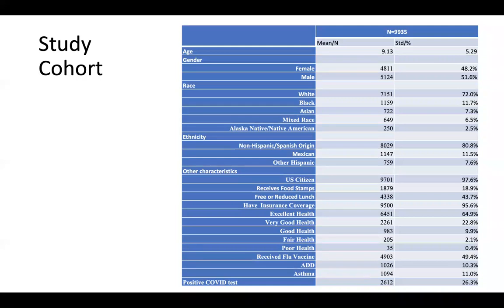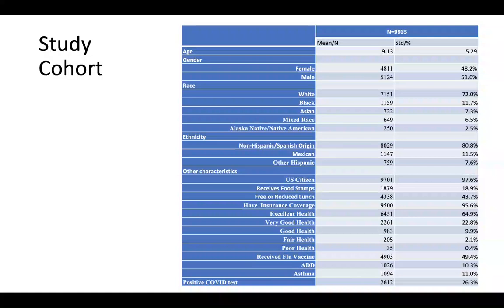So let's focus on the specifics of our study cohort. So in summary, our cohort comprised of 9,935 individuals with a mean age of 9.13 and a standard deviation of 5.29. Regarding gender, 48.2% are female and 51% are male.